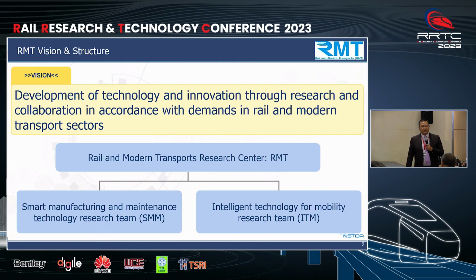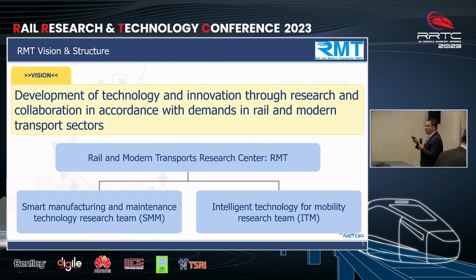Regarding the introduction, please allow me to give you a brief introduction of our research organization. As I mentioned, I come from Rail and Modern Transport Research, which is under NSTDA.